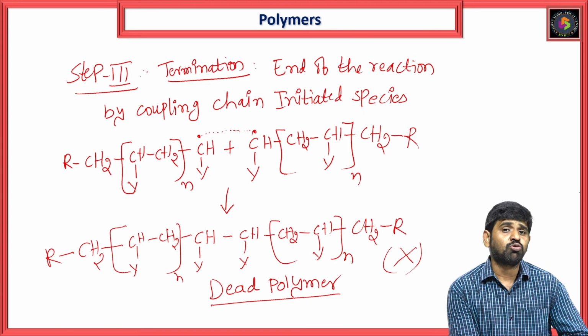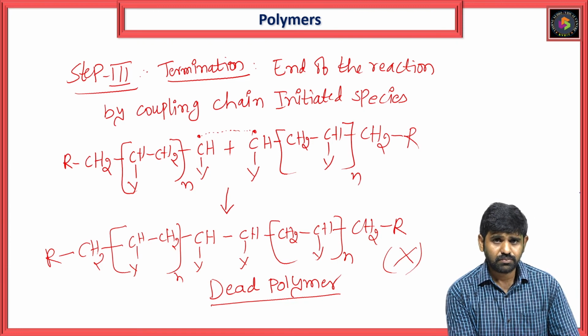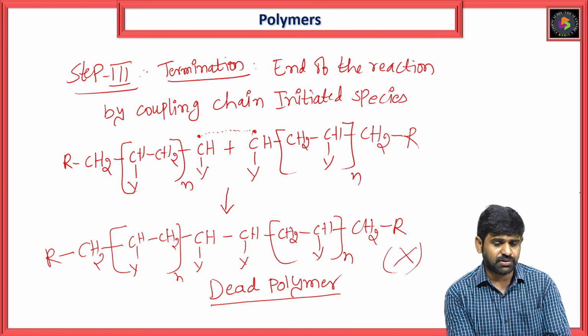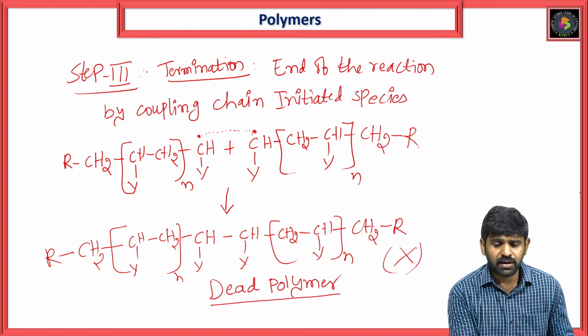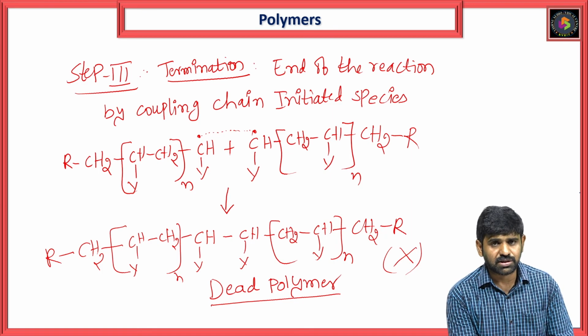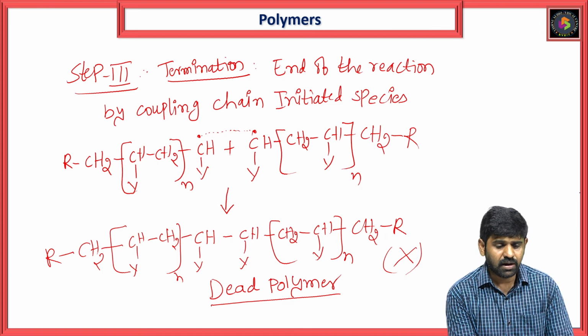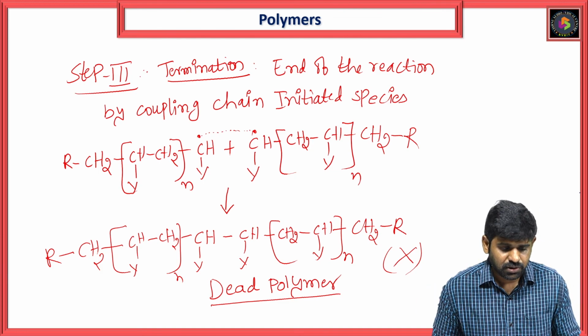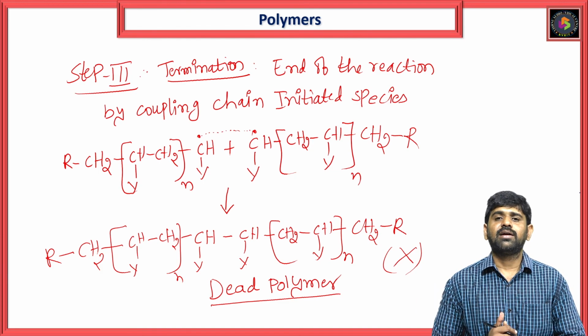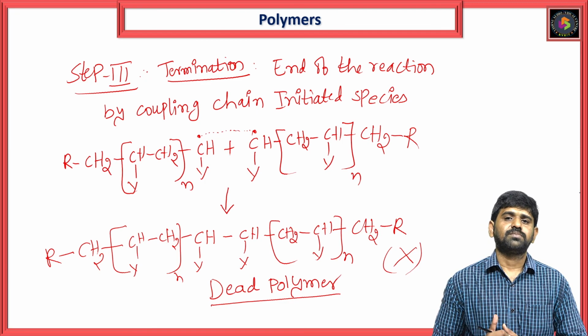Propagation involves the growth of polymeric chain, right? Next, step 3 is termination. The growth of polymeric chain is finally terminated here. That is nothing but end of the reaction, chemical end of the reaction, right? By coupling two chain initiated species. So this is about free radical polymerization.